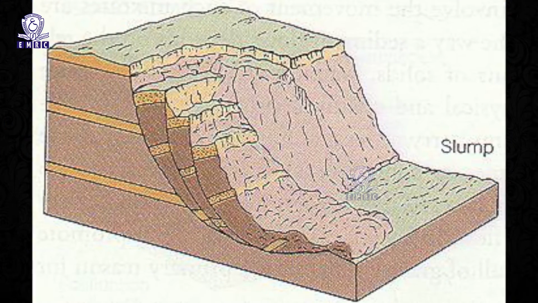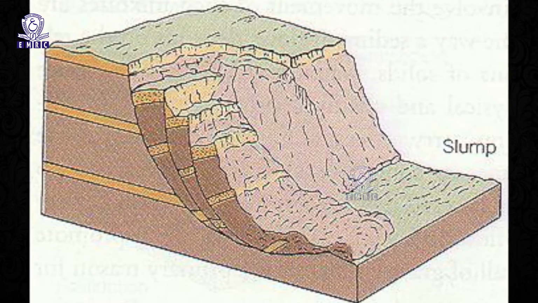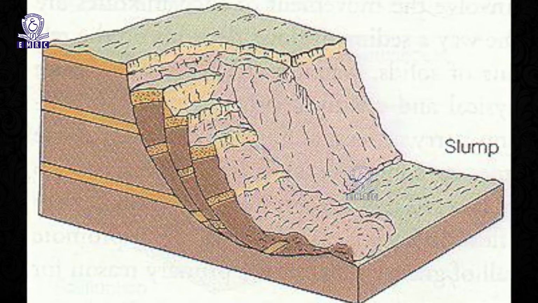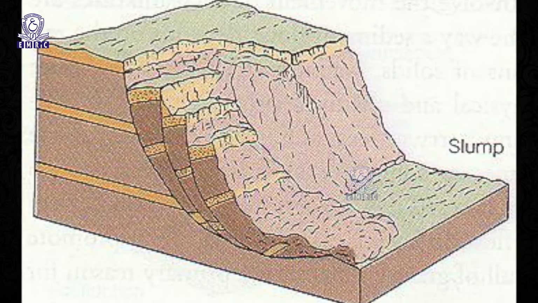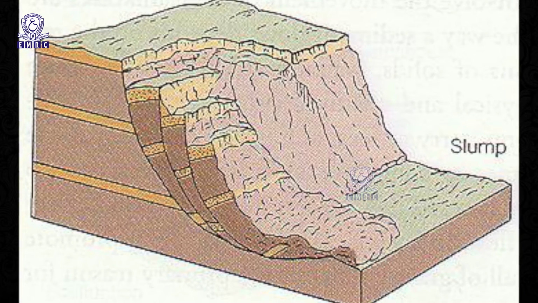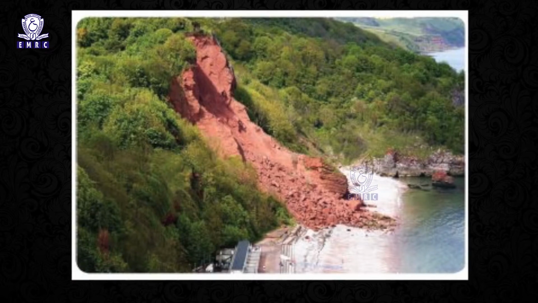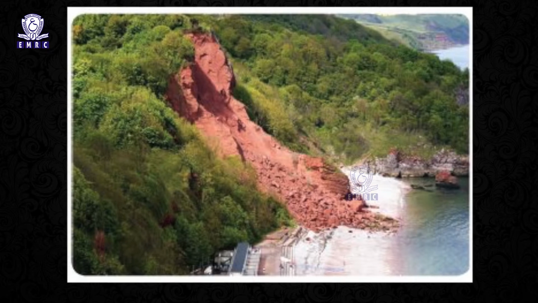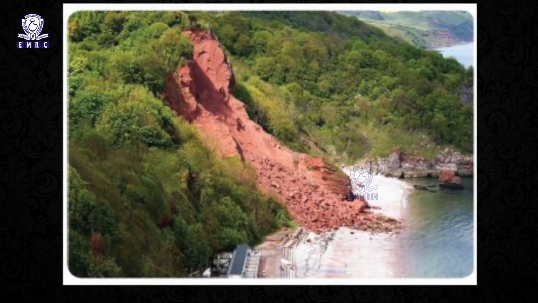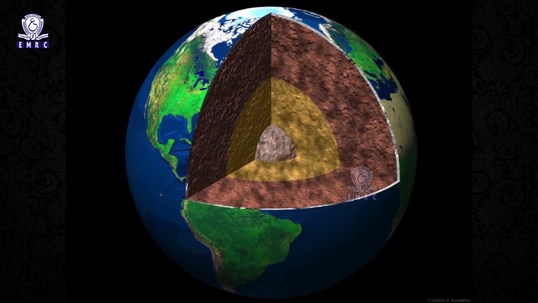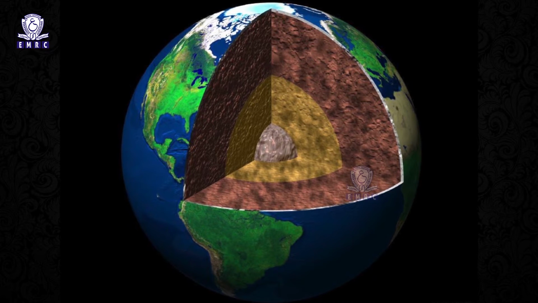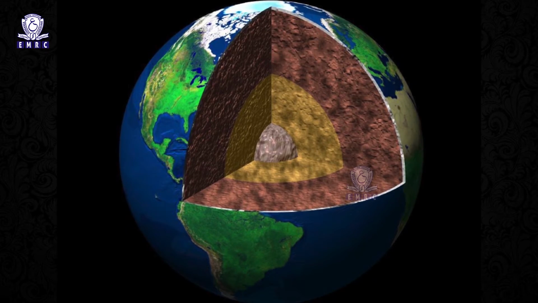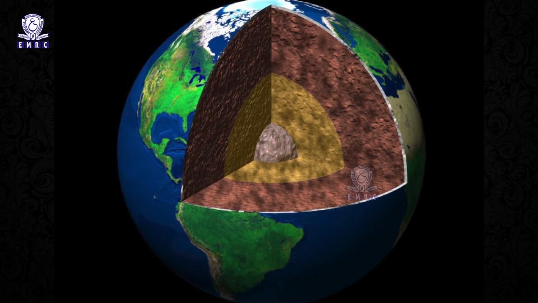Downslope movement occurs when gravitational driving force exceeds frictional resistance from the material resting on the slope. The main driving force responsible for the mass movement is gravity. Gravity is the force that acts everywhere on the Earth's surface, pulling everything in a direction towards the center of the Earth.